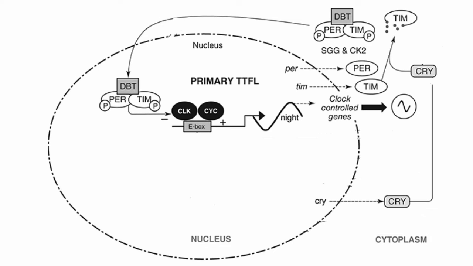But a very interesting thing is that cryptochrome is found in both the cytoplasm and the nucleus. It can easily get back into the nucleus, so it can degrade timeless in both places. But it only does this when it's activated via blue light. So this timeless breakdown only happens when the organism is exposed to light, so it only happens during the day.